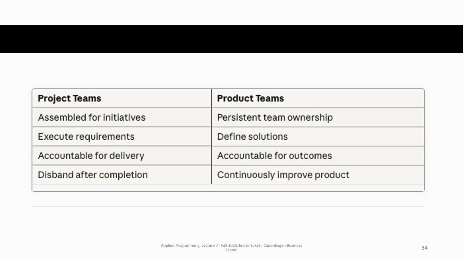In project teams, you have requirements, and you execute the requirements. In product teams, you try to define solutions. Project teams are accountable for delivery, but product teams are accountable for outcomes. The first thing we said was project teams are assembled for initiatives, therefore they disband after completion, so they don't have a longer lifespan. The product teams, however, continuously try to improve the product.